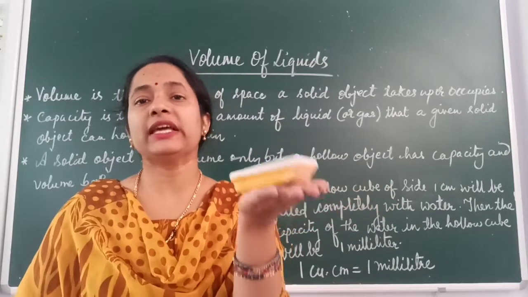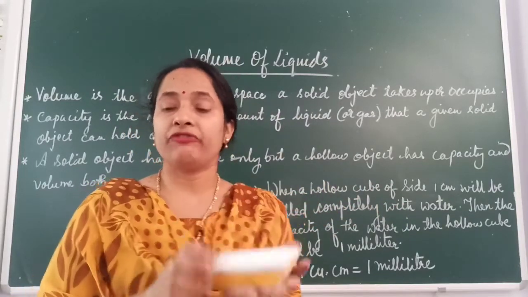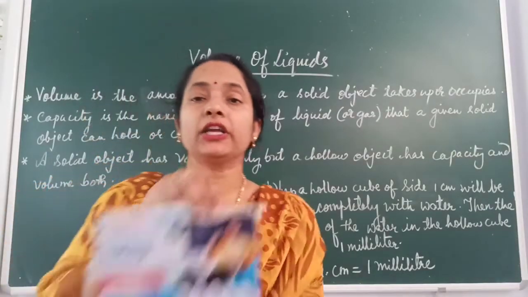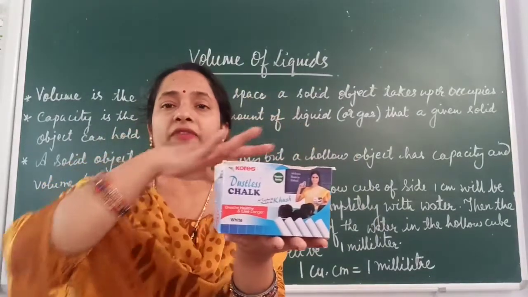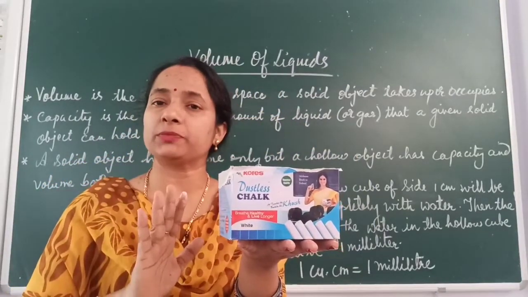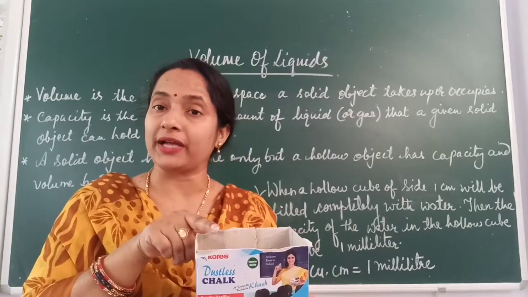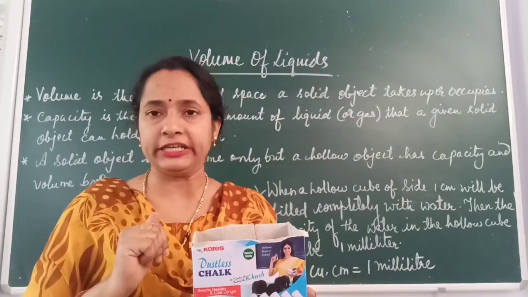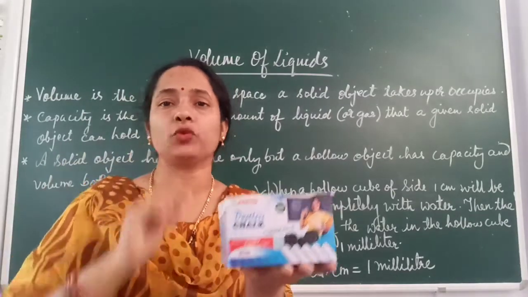Why? Because it is occupying some space in the room. But this particular object is a hollow object, where the shape of the object is occupying some space, as well as it is hollow, so it has the capacity to hold some quantity in it.